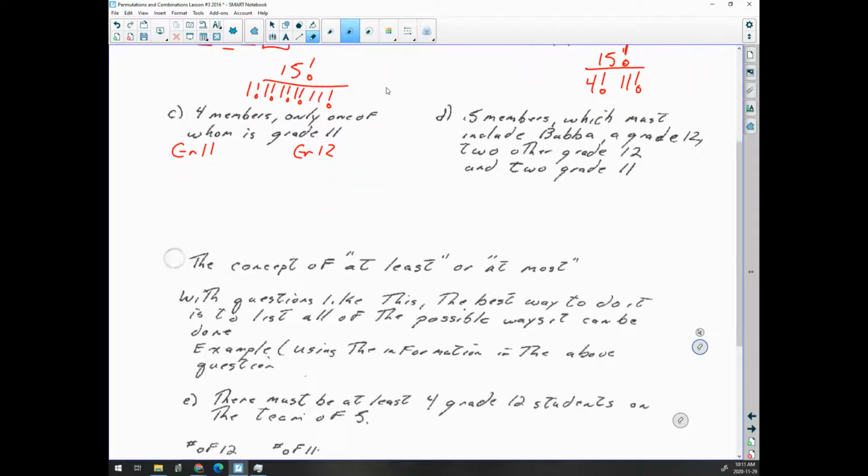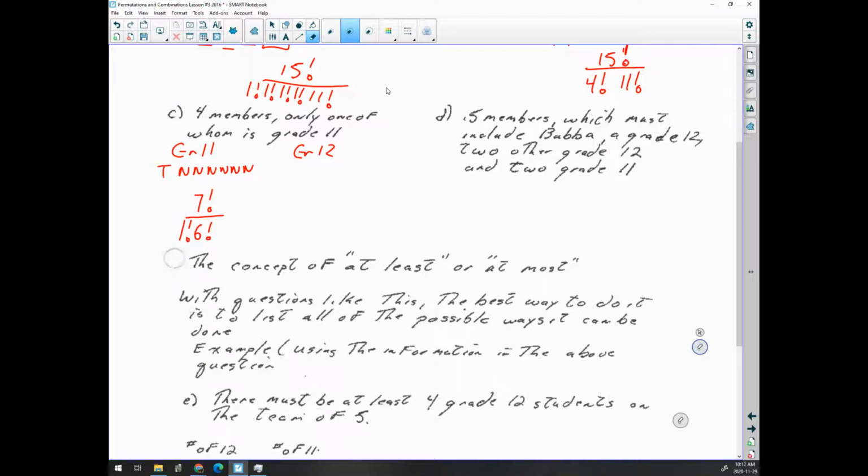Okay, so we got 7 grade 11s to choose the one person from. Out of grade 11, one person will be on the team. 6 will not be on the team. So the ways to arrange that is 7 factorial over 6 factorial, 1 factorial.